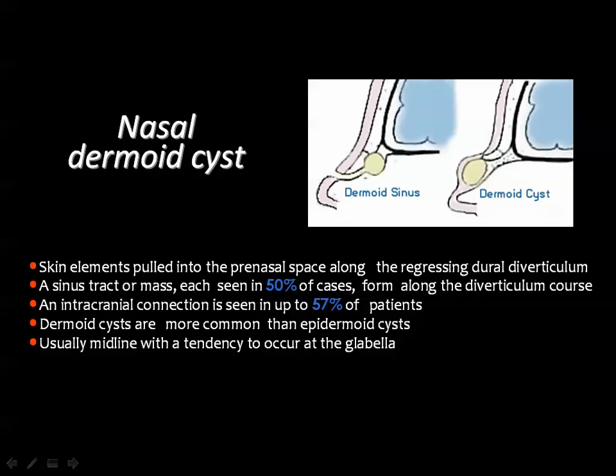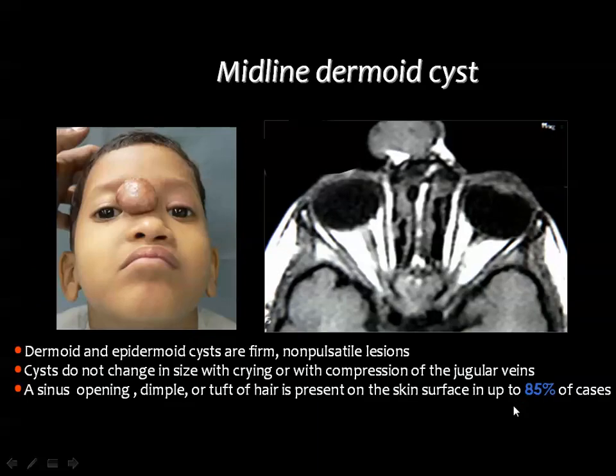Then dermoid cyst or dermoid sinus will result from incomplete involution of the diverticulum, resulting in a sort of communication between the exterior and the tract itself. Then this is a good example of a soft tissue mass at the root of the nose, and by MRI you can see the contents of the lesion.